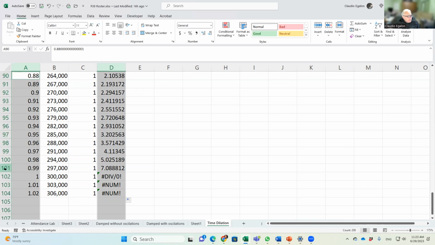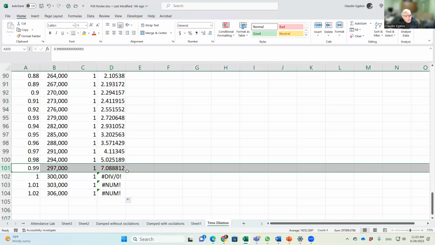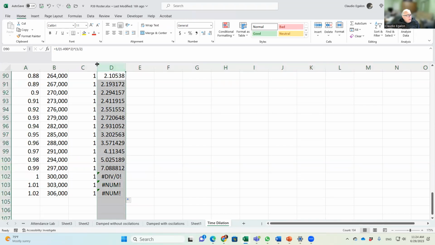At 99% of the speed of light, the observer on Earth measures 7.09 seconds for every second on his own clock that he's holding. That's a very important interpretation. You have to grasp this important interpretation, otherwise you won't be able to understand what time dilation is.